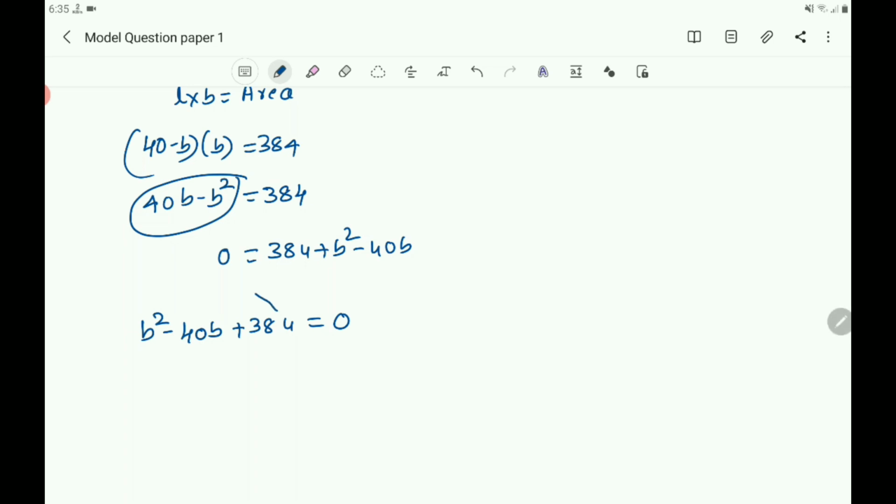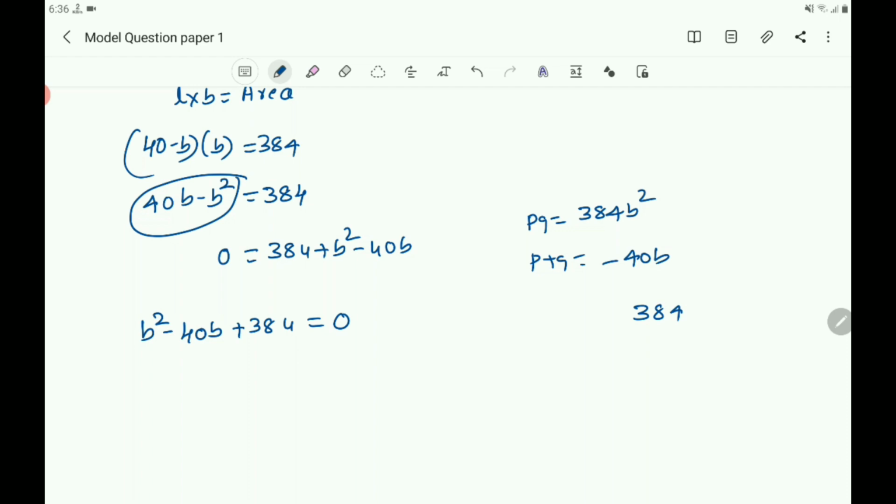Again you can solve it by splitting the middle term. The product is 384 b square, and the sum is p plus q, minus 40b.